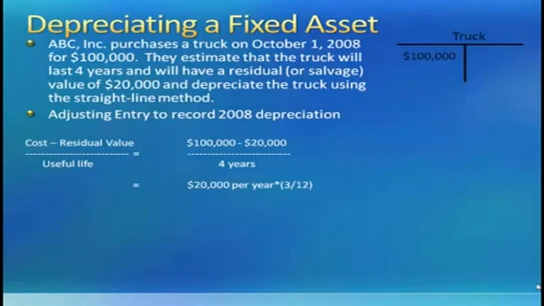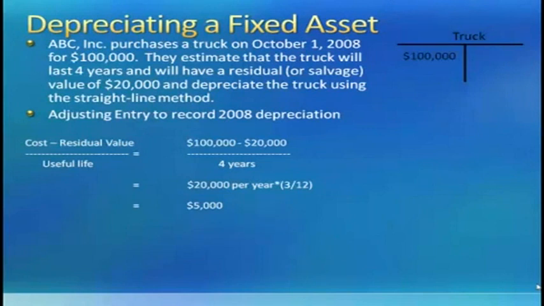Since they bought the truck in October, we're not going to be able to depreciate a full year at the end of 2008. We're only going to be able to depreciate October, November, December, so 3 out of the 12 months, which means that the depreciation recorded for 2008 is only $5,000.